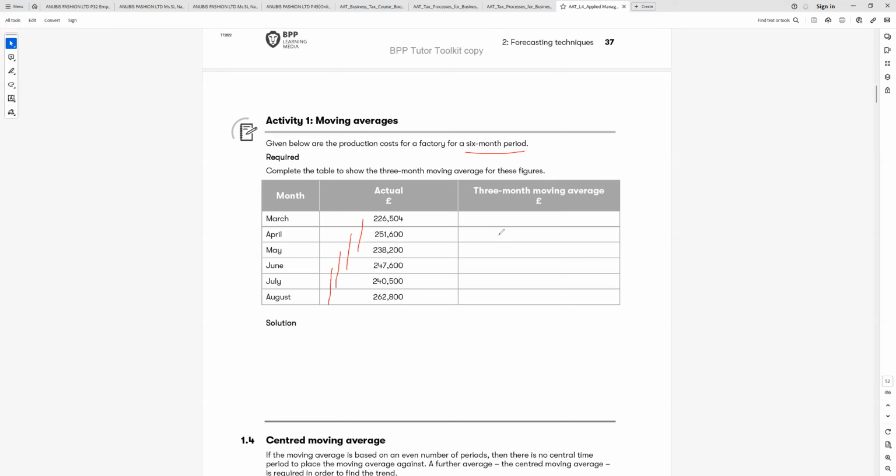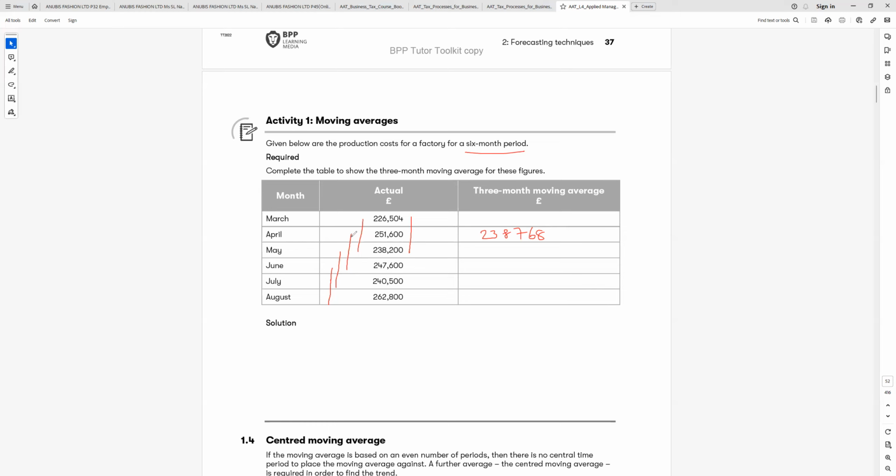So let's do that. First, I add these 3 and divide by 3. We have 226,504 plus 251,600 plus 238,200 divided by 3. That gives me 238,768. We write that in the middle. And we do the next one, the next 3.